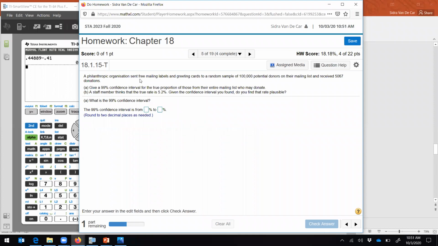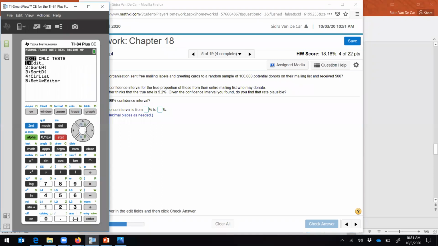Philanthropic organizations send free mailing labels and greeting cards to a random sample of 100,000 potential donors on their mailing list and receive 5,067 donations. Okay, let's do it. So stat tests, go down to the one. By the way, I could do this with the formulas like I did the previous problems. We received 5067 out of 100,000.